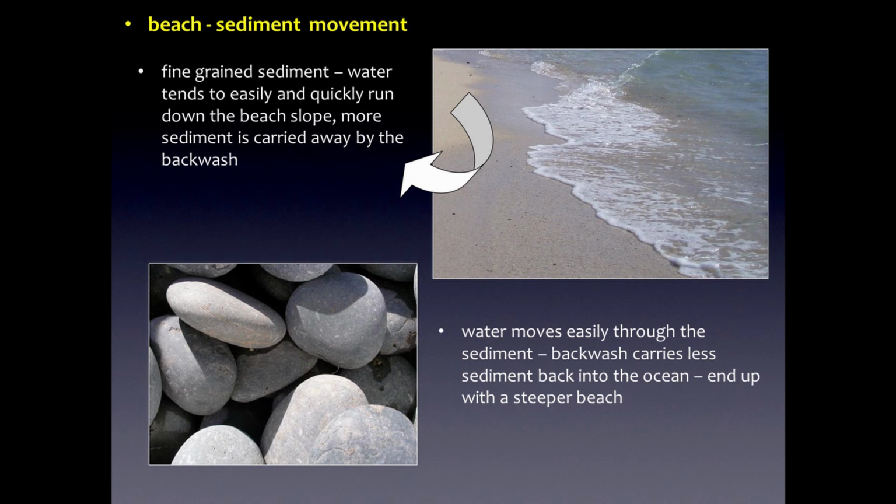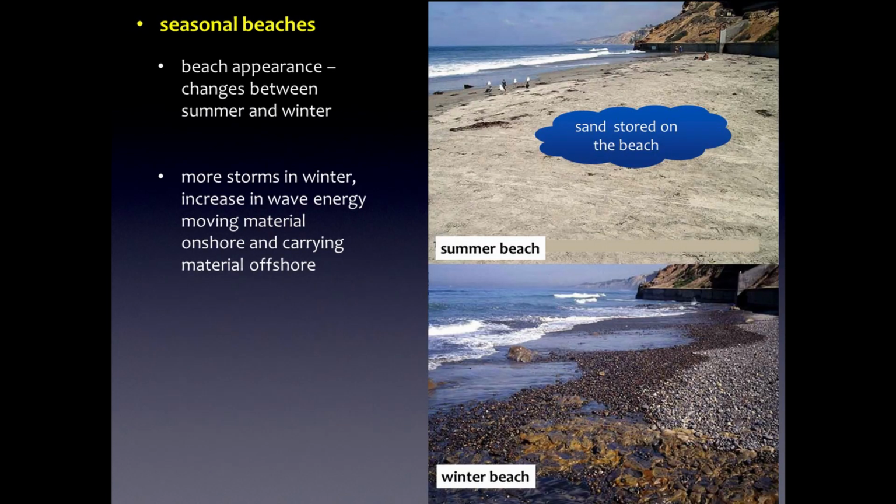If we have water that washes up as swash, but then percolates down into these coarser grained sediments, then we have less water returning as backwash, and the ability to transport and move sediment back down is decreased. So water moves easily through coarser grain sediments, backwash carries less sediment back, and the beach becomes even steeper. So beaches made of coarser grain material usually are steeper than beaches made up of finer grain material.